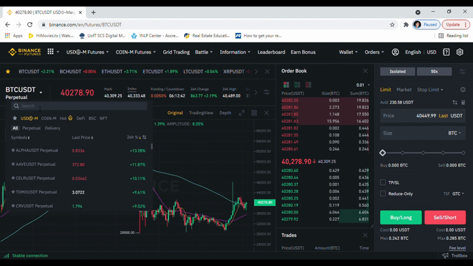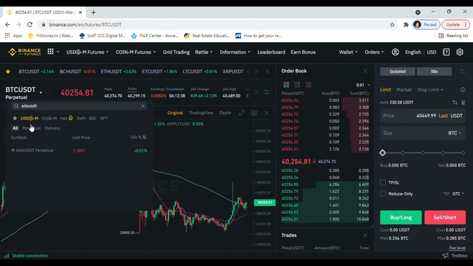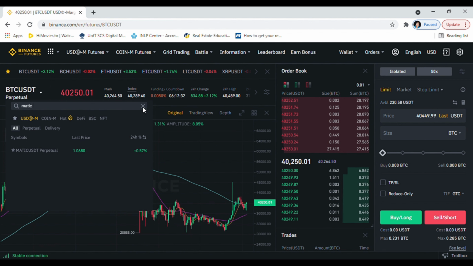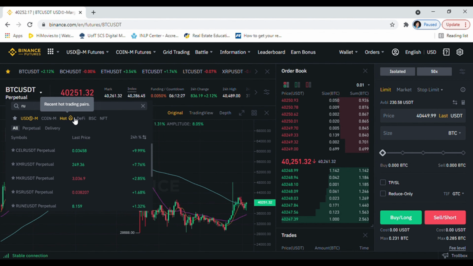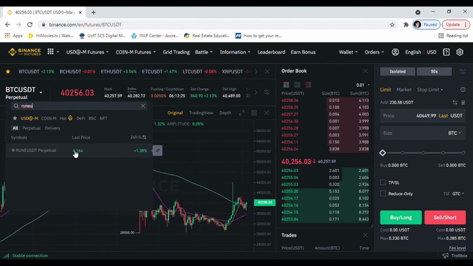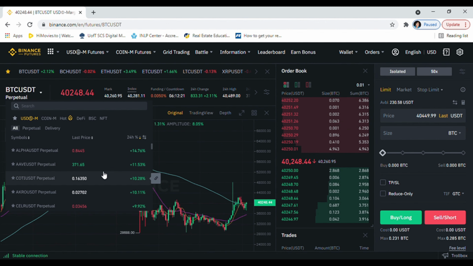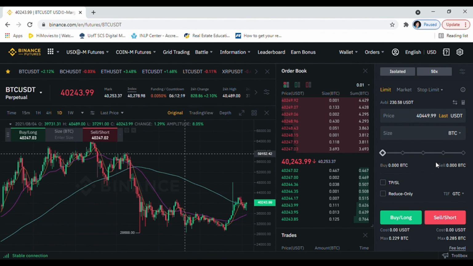Let's see, ADA USDT, it's always perpetual. What else? Let's see, Matic USDT perpetual, right? Rune USDT perpetual. So it's always USDT perpetual. That's how you want to do it.